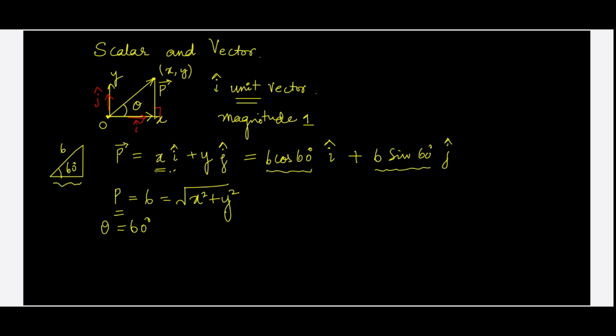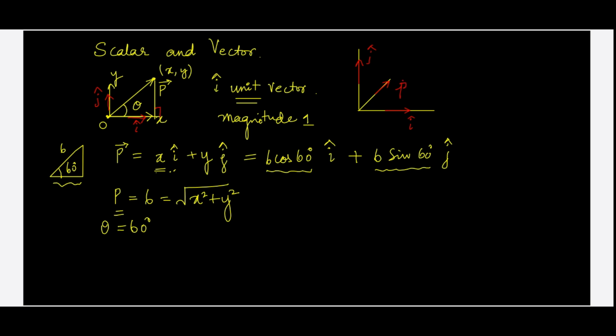Now the vector P can also be written in a different way. Just like we have defined I cap, which is a unit vector along the x-axis, and j cap, which is a unit vector along the y-axis, we can also define another unit vector.